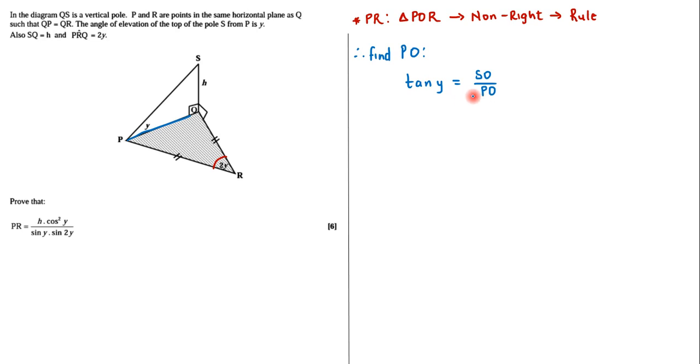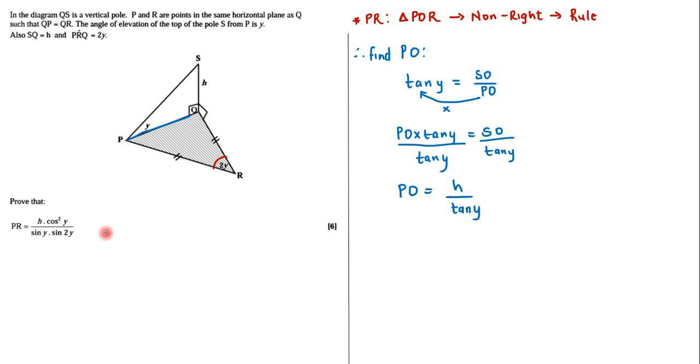Then I can cross multiply, which gives me PQ times tan Y equals SQ. Dividing by tan Y on both sides, PQ becomes H, which is the value for SQ, over tan Y. Now I have the side.